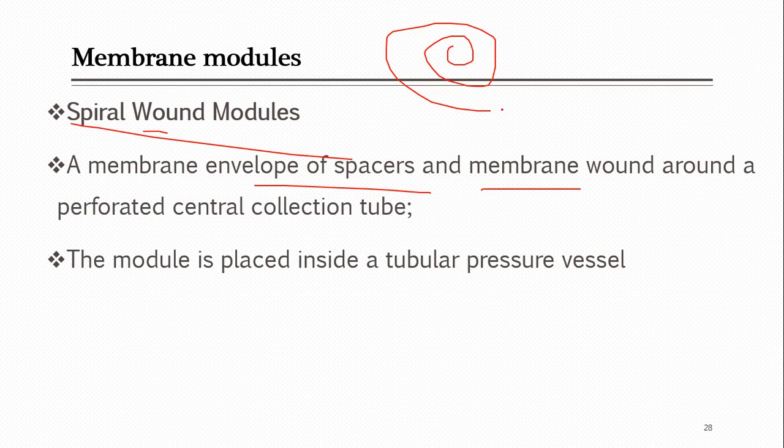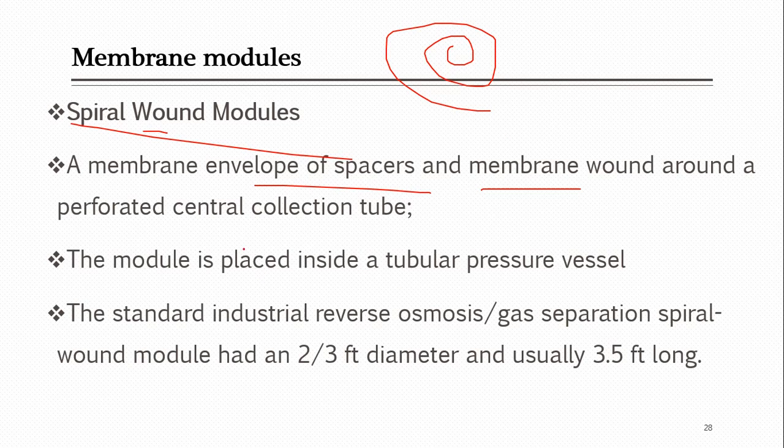Overall around these modules there is a vessel that can bear high pressure. Most of the time, spiral wound modules are used for reverse osmosis and gas separation applications, and they are available in sizes like 2 to 3 feet diameter, and usually they are 3.5 feet long.